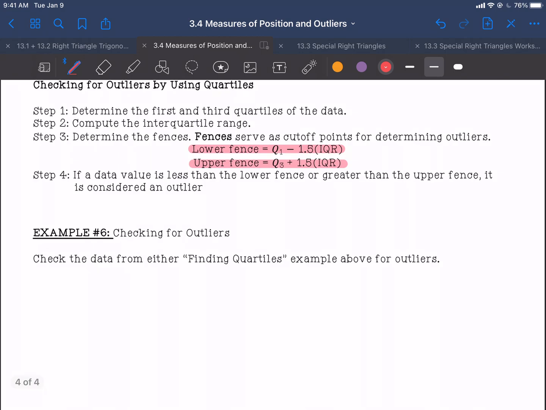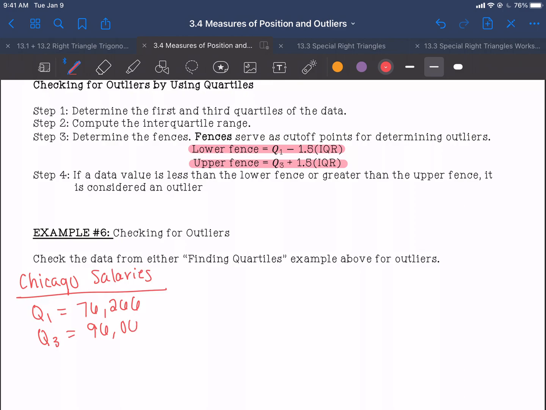So to check for outliers, let's do this for the Chicago salaries data. All right, so we've already found these. I'm just going to jot them down here. First quartile was 76,266. The third quartile was 96,060.